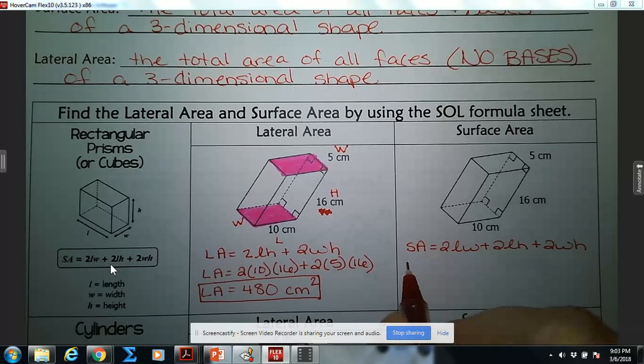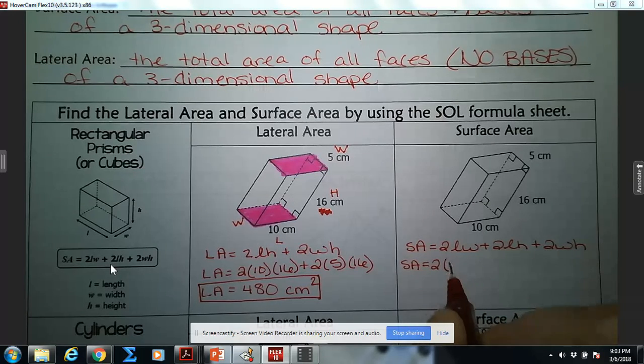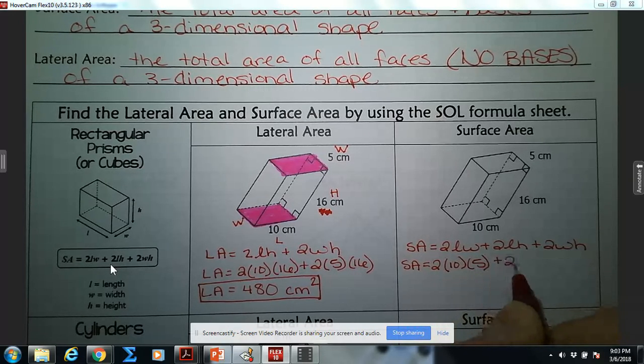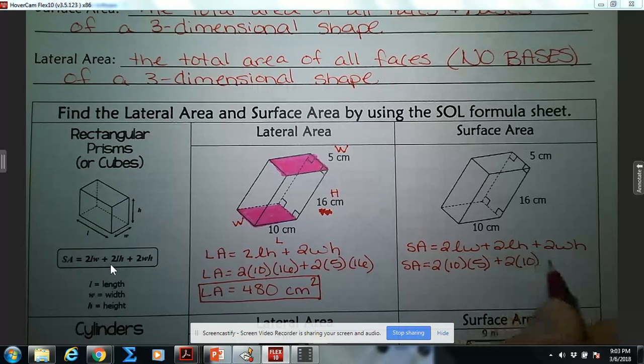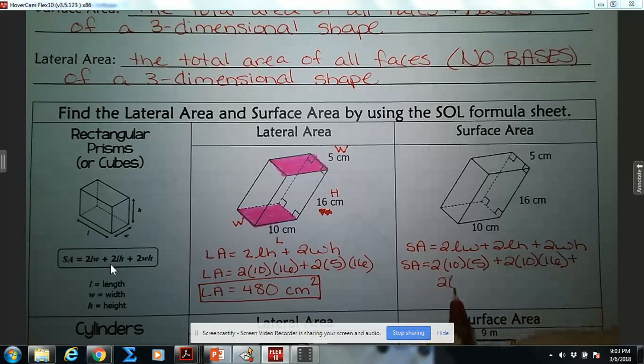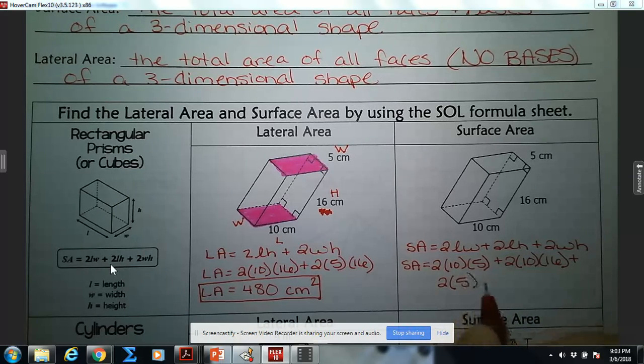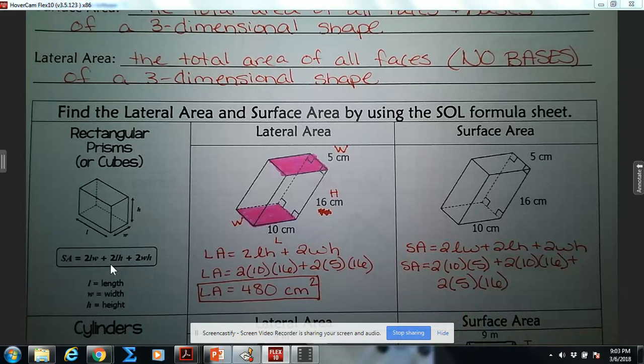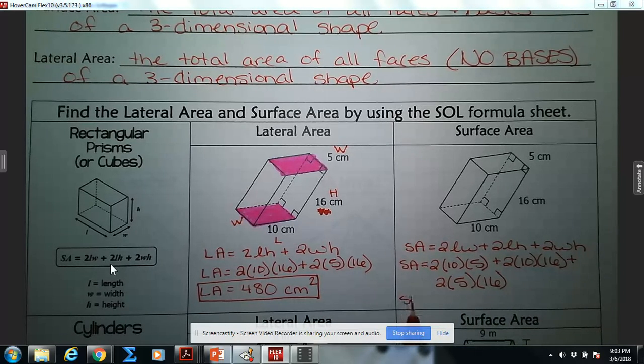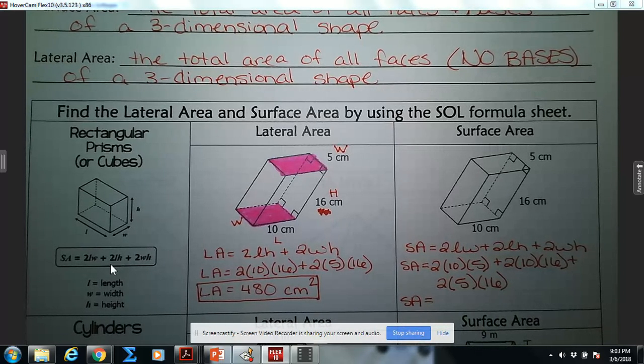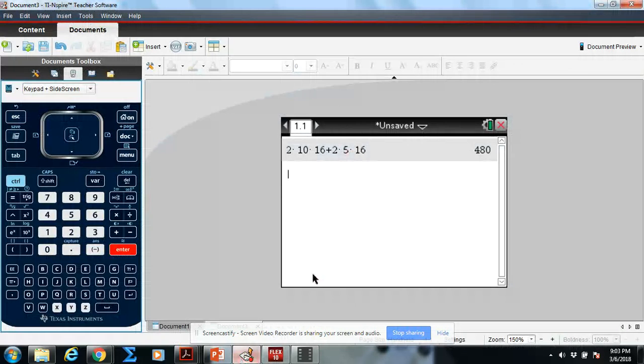Okay, so let's put everything in its place. 2 times length of 10 and width of 5 plus 2 times length of 10 and height of 16 plus 2 times width of 5 and height of 16. Okay. I'm going to take that equation over into my calculator.